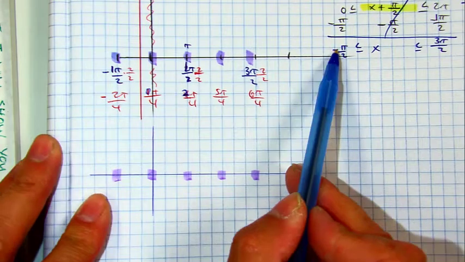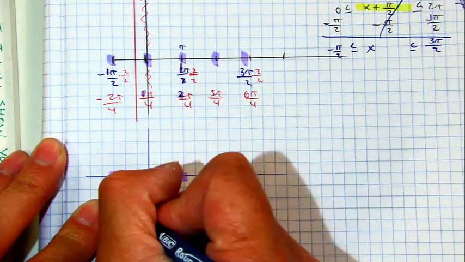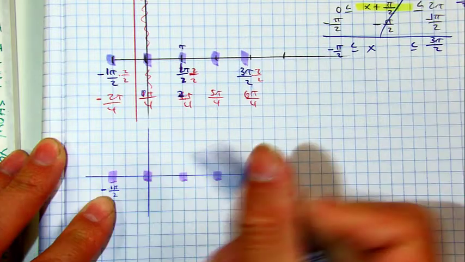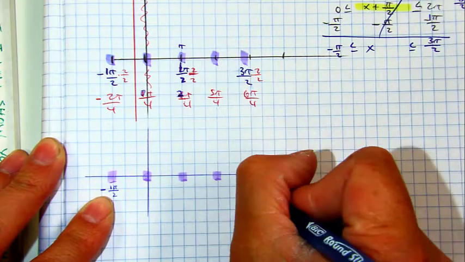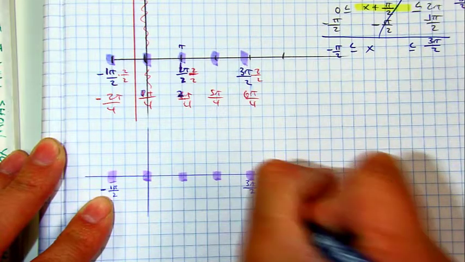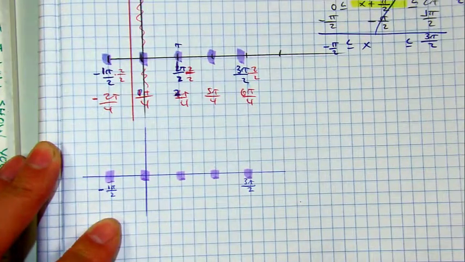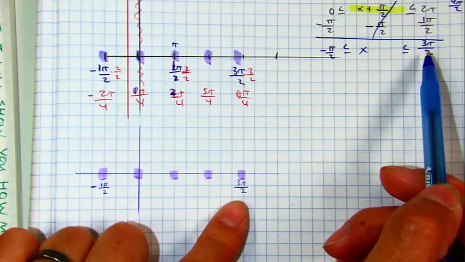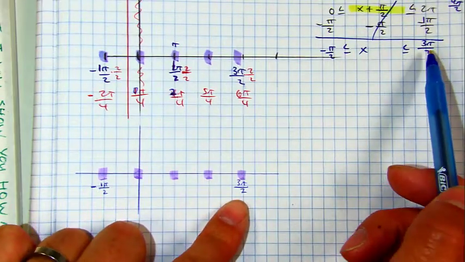So negative 1 pi over 2, 3 pi over 2. Negative 1 pi over 2 and 3 pi over 2. We're okay so far?